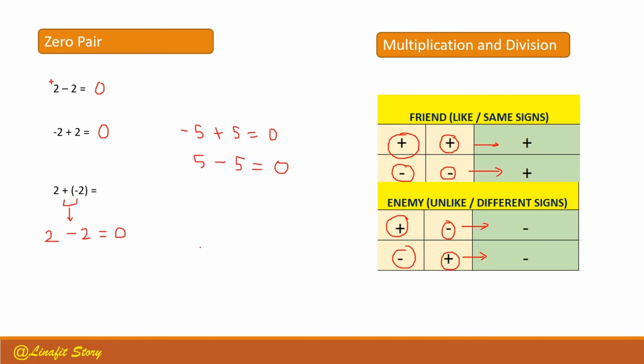How about this one? Negative 5 plus bracket negative 3. So over here, you meet your enemy. Why? Because this is different signs. So becomes negative 3. Negative 5 minus 3 equals negative 8.